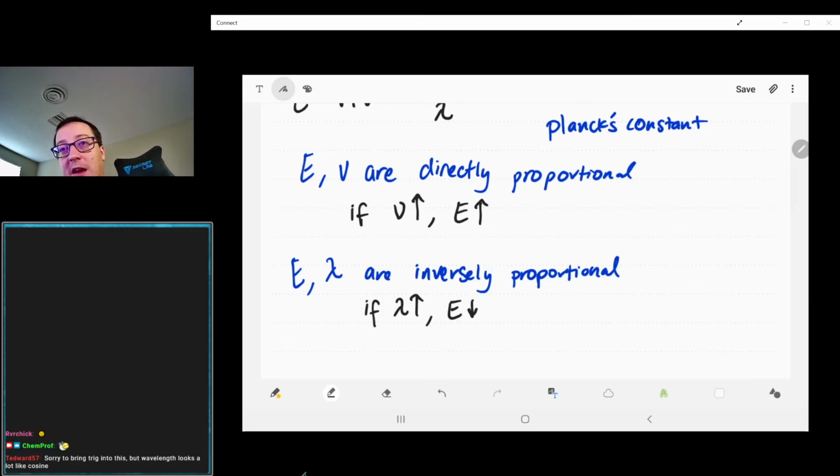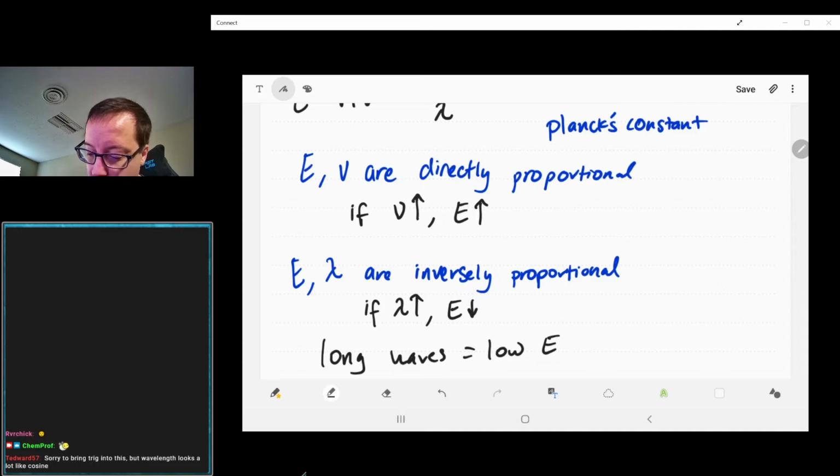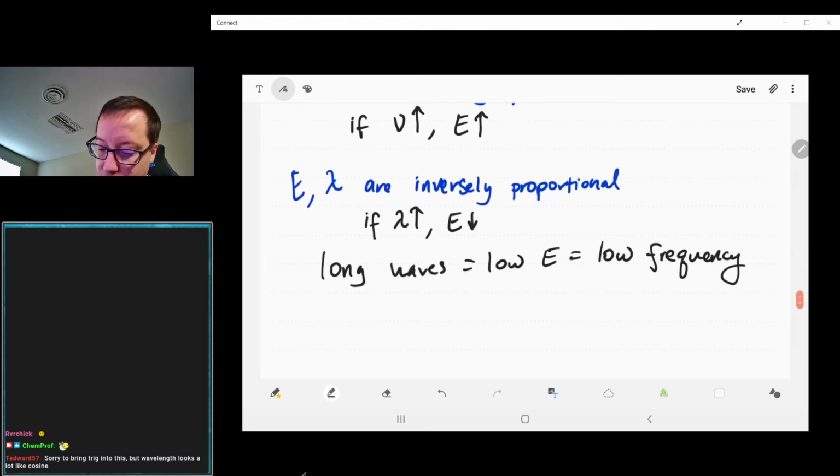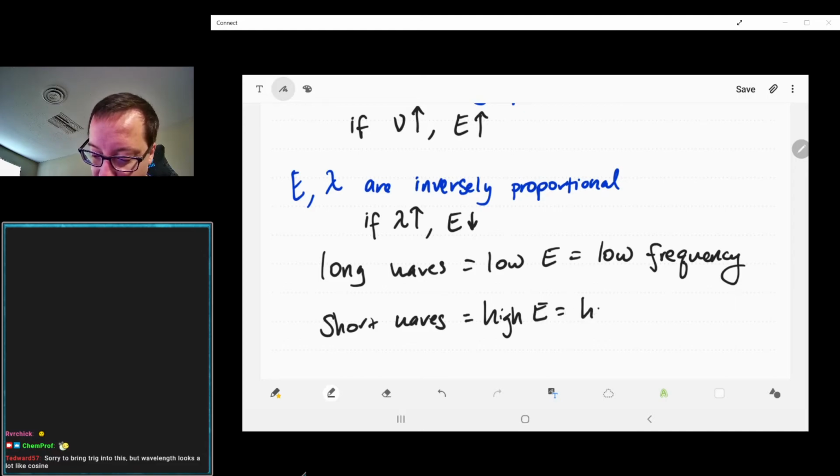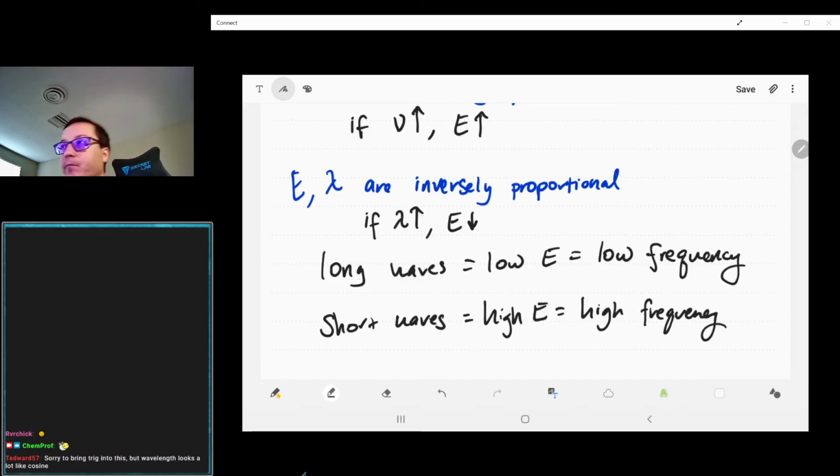So long waves have low energy, and they would also have low frequency. Short waves would be the opposite. They would have high energy and high frequency. So we can see here how to relate those together.